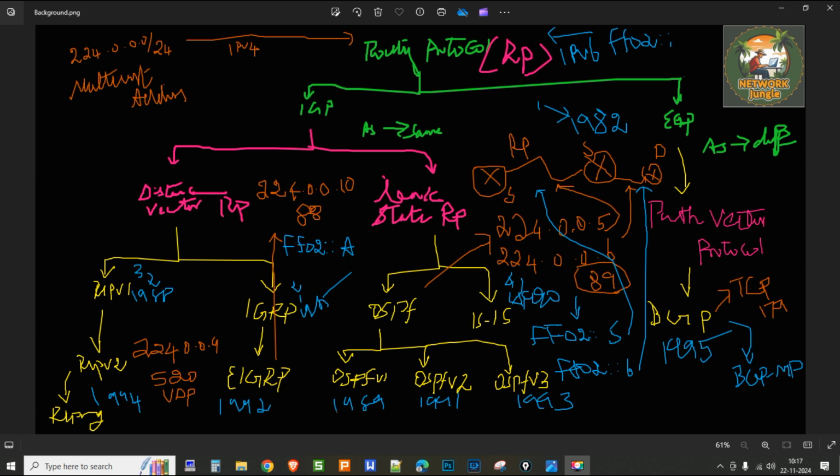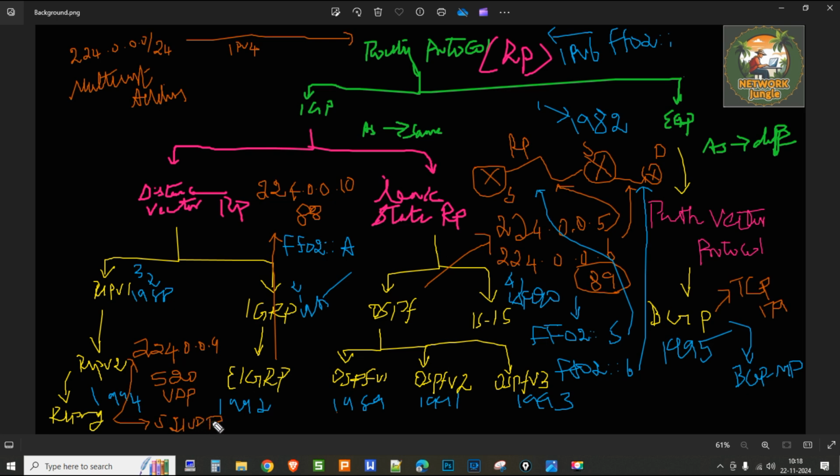It is using the same multicast address for the IPv6 routing information, but only the port number is different. 521 is used for the IPv6 routing information exchange. It is the UDP protocol. So the same IP address is used for RIPng, that is the IPv6 protocol, but the only difference is 521. That is UDP.